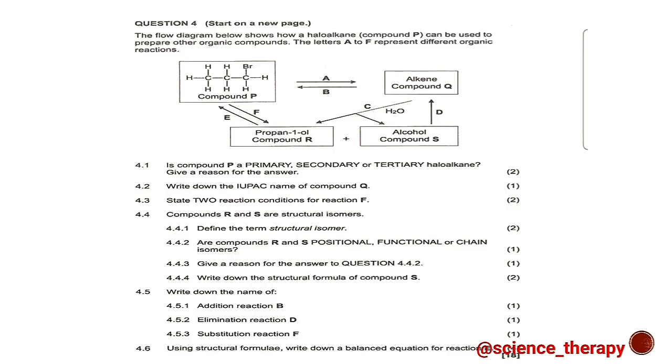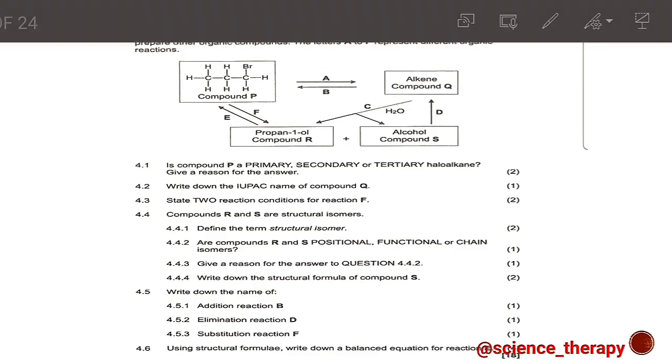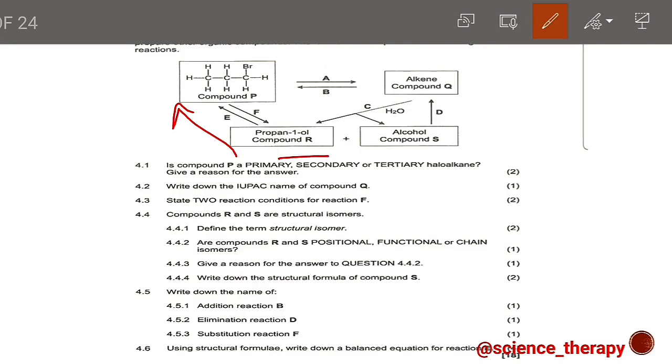4.6 says using structural formulae, write down a balanced equation for reaction E. Reaction E, I'm talking about this reaction here. We are moving from an alcohol back to the haloalkane. Now our alcohol is propan-1-ol.